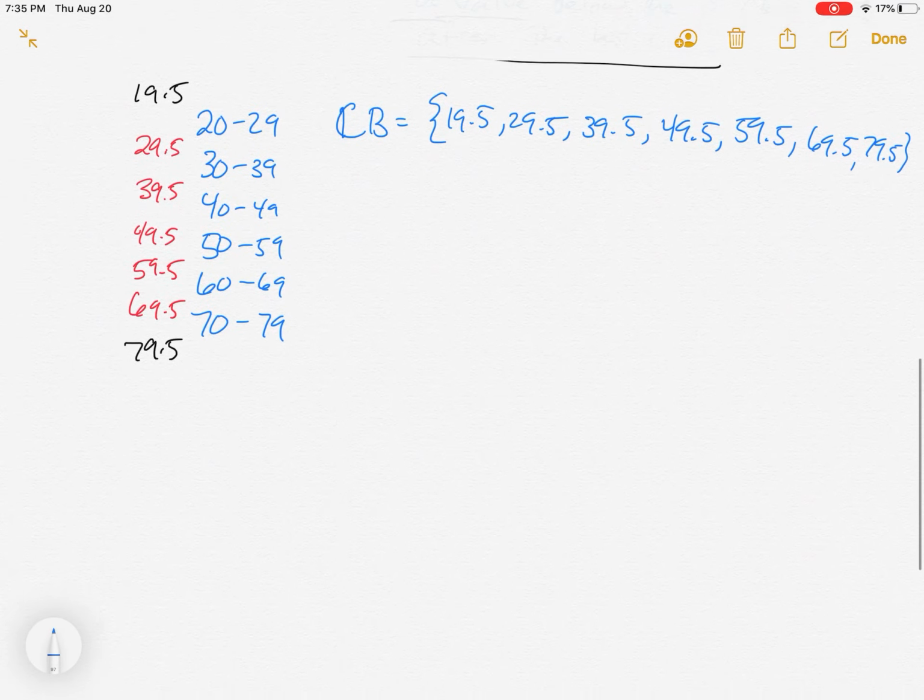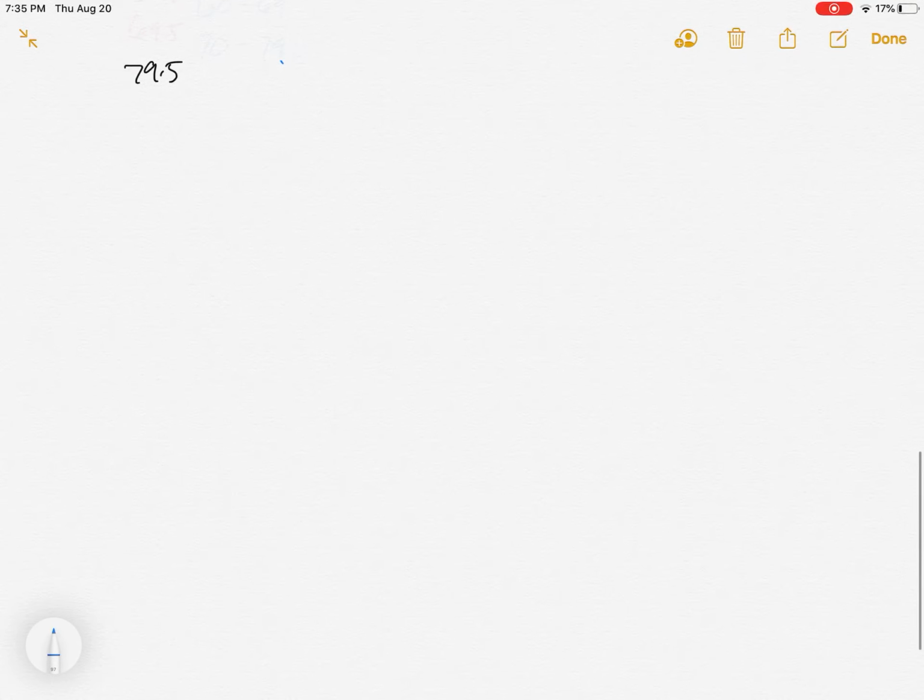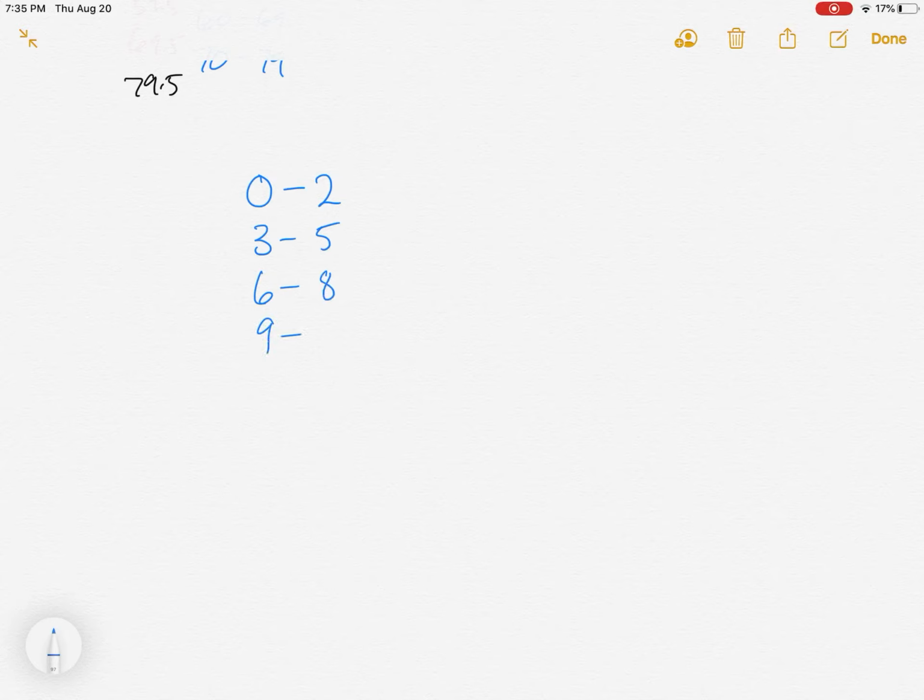Now I want to give you a heads up. Let me just make up a new frequency table. One that goes from 0 to 2, 3 to 5, 6. Now notice what's happening here. I'm adding 3 every time. 6 to 8, 9 to 11, 12 to 15.